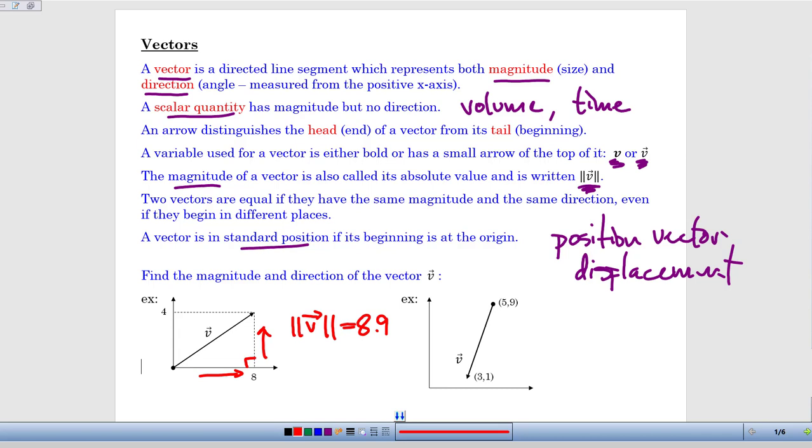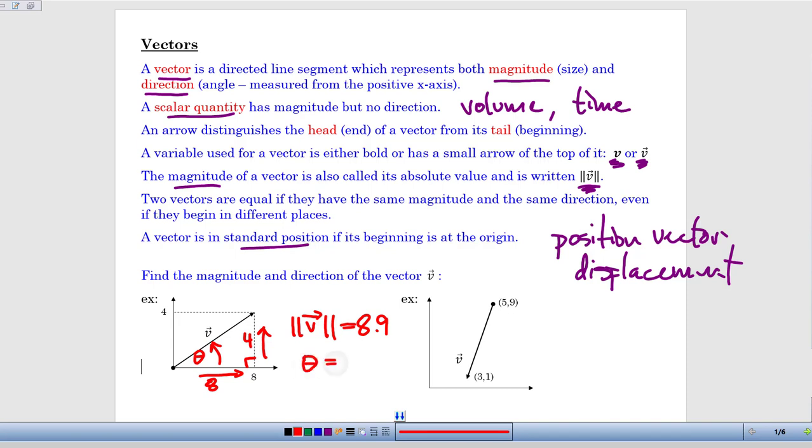And then for the direction, as is our usual from the previous unit, we're going to measure the direction of the vector from the positive x-axis rotating counterclockwise. So for us to figure this out, we've got a horizontal side of 8, we have a vertical side here of 4, and so we can just do an inverse tangent of 4/8 to figure out what the measure of that angle is.